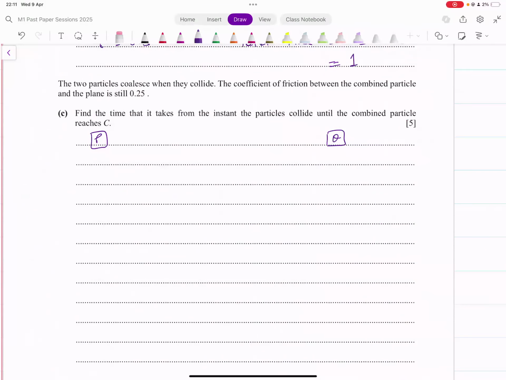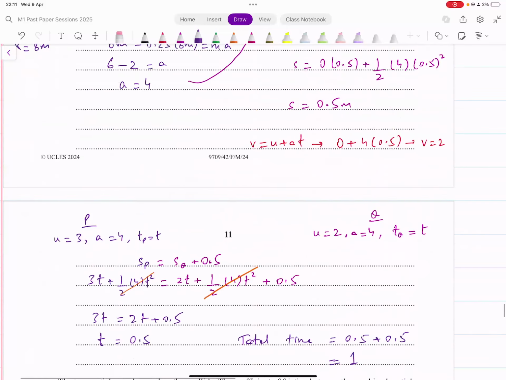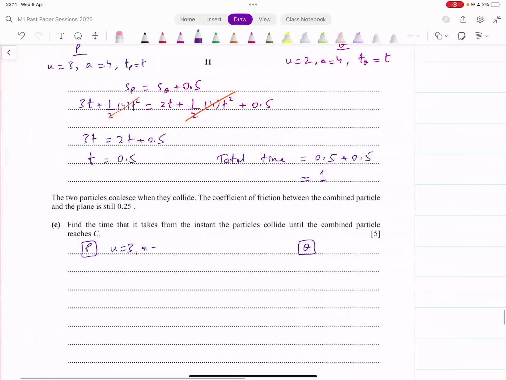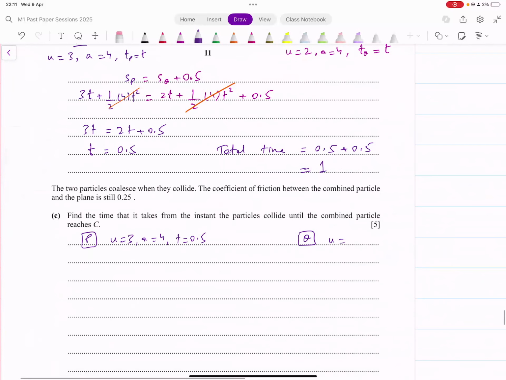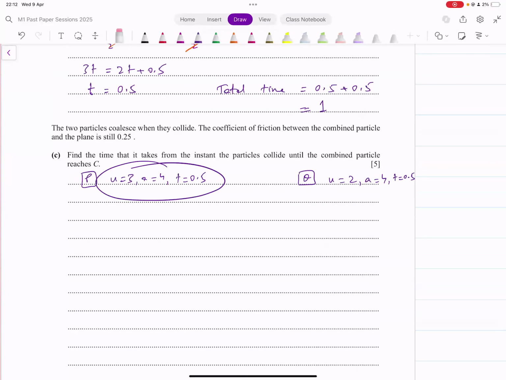For P, while it is moving downwards, in this previous case, we knew that U was equal to 3, A was equal to 4, and the time value turned out to be 0.5. For Q, U was equal to 2, A was equal to 4, and the time value also turned out to be 0.5. We can find the final velocity after these 0.5 seconds have passed. That will be the velocity of the particles just before collision.